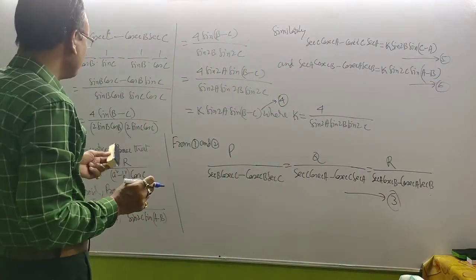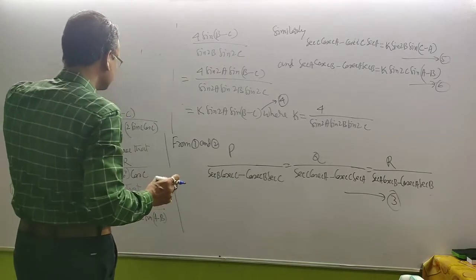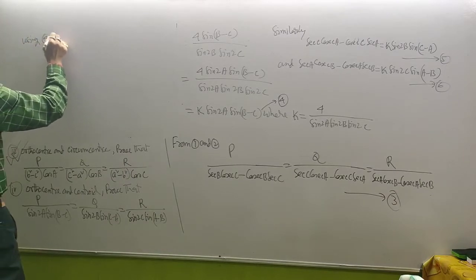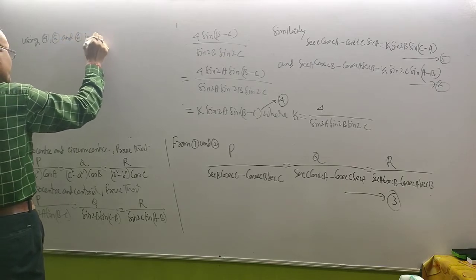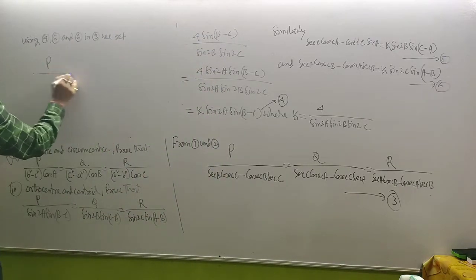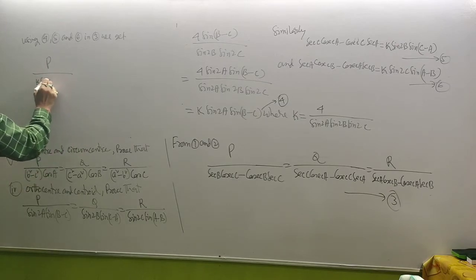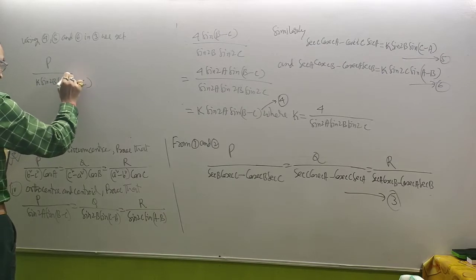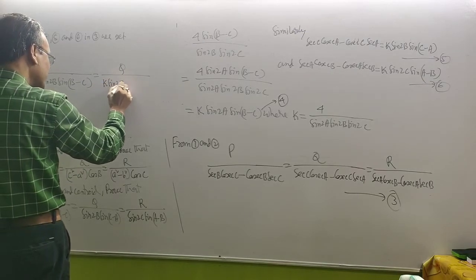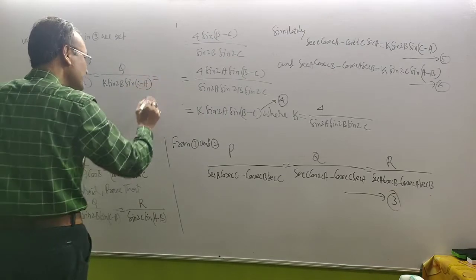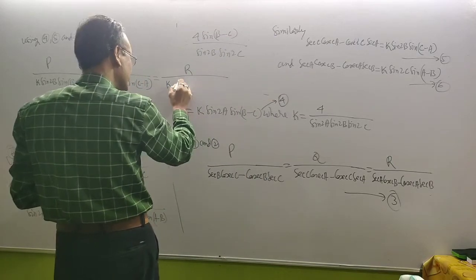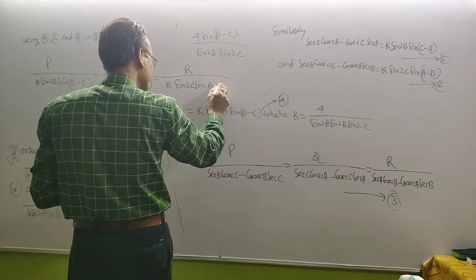Using 4, 5 and 6 in 3 we get P divided by K sin 2A sin(B minus C), this is equal to Q divided by K sin 2B sin(C minus A), this is equal to R divided by K sin 2C sin(A minus B).